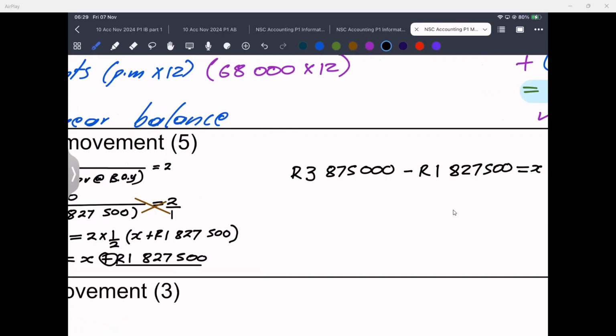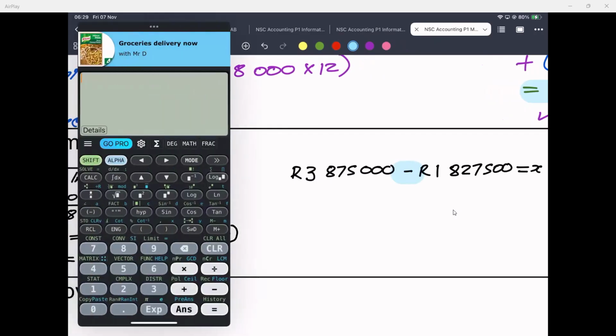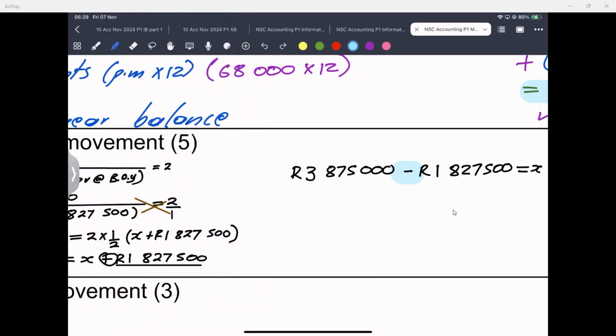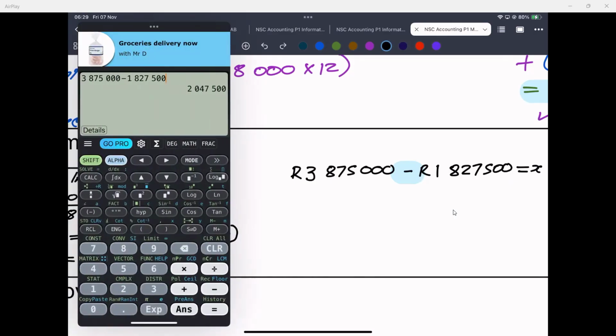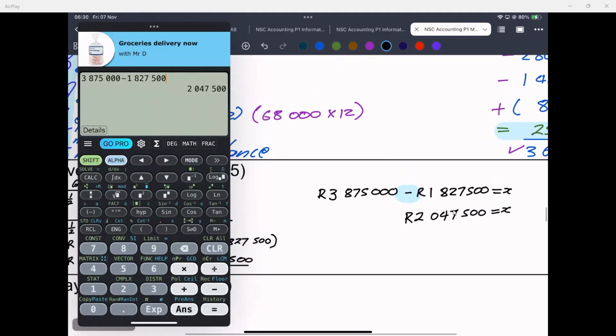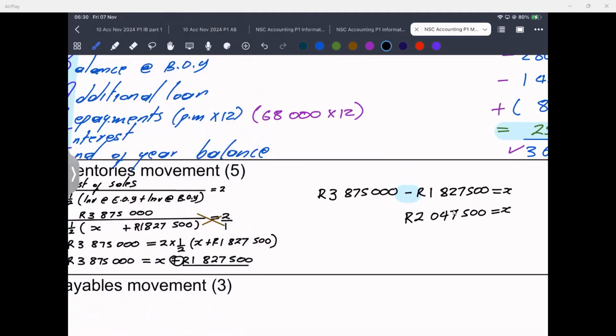Because it's positive, it will turn and become negative. Let's work it out. 3,875,000 minus 1,827,500 gives me an inventory value of 2,047,500. Please note that this is the inventory for the current year.